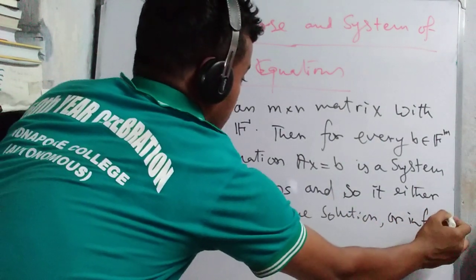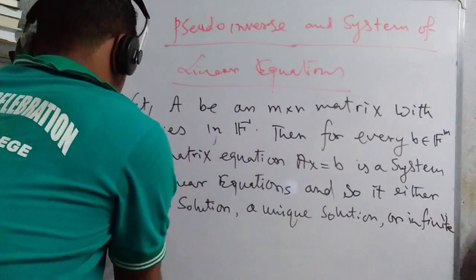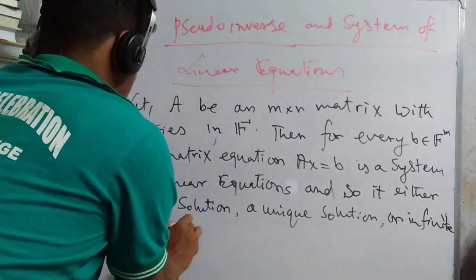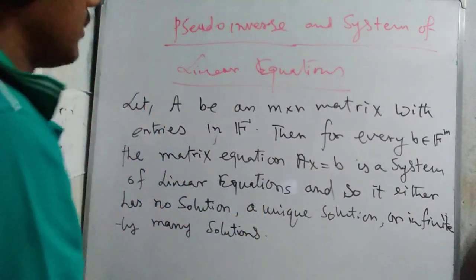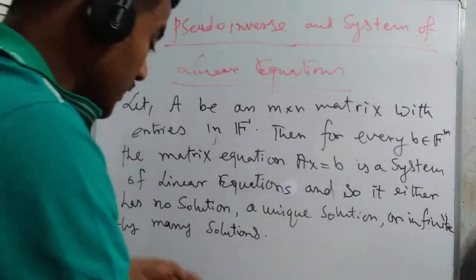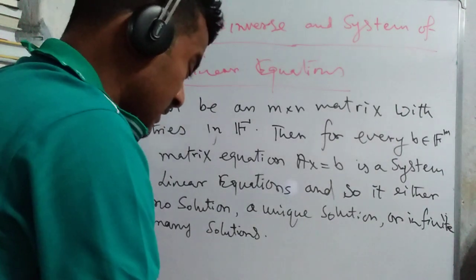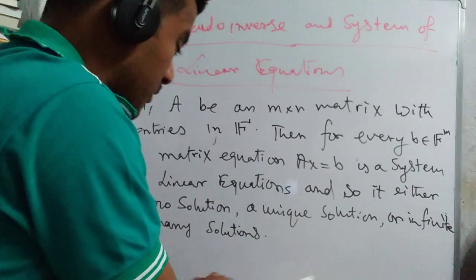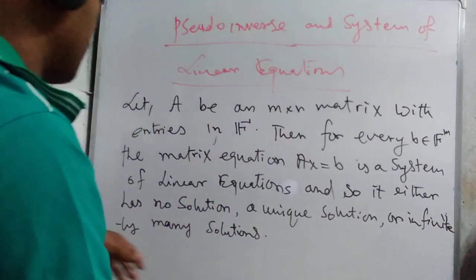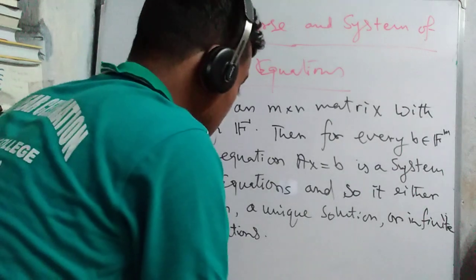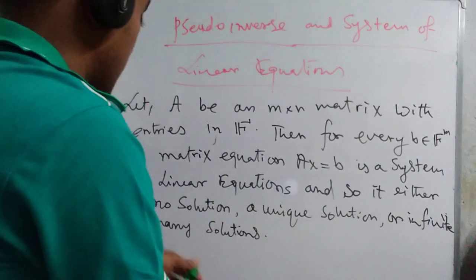Understood? That means we also know that a system of equations has solutions in this way. Now we write it in this way.